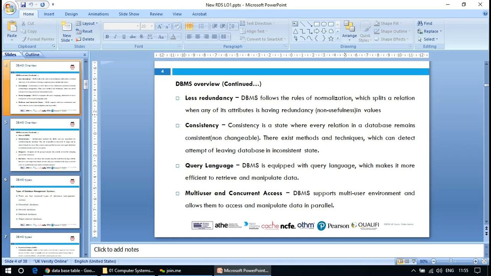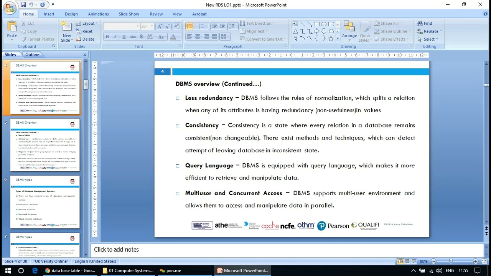That's basically called redundancy. So databases allow you to reduce the redundancy, so that you will be going through the process of normalization.